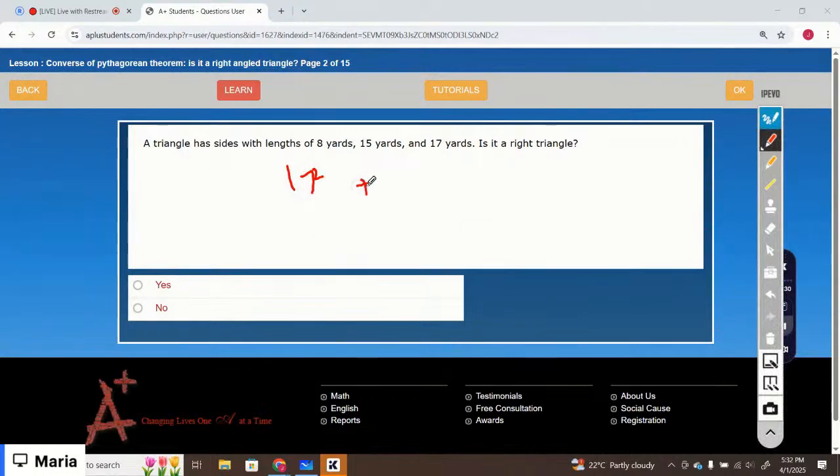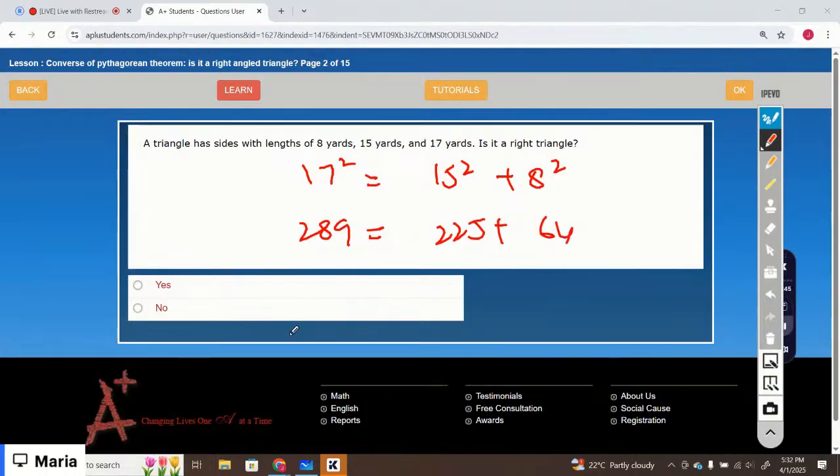17 square equals 15 square plus 8 square. 289 equals 225 plus 64.